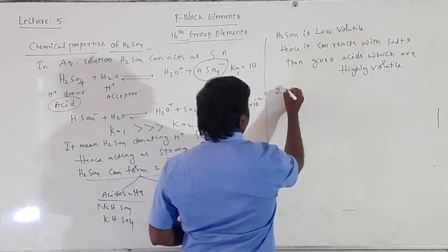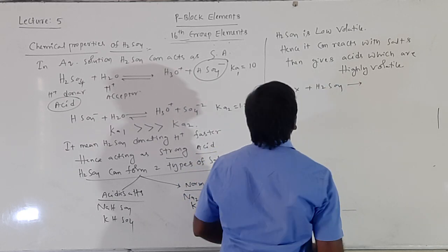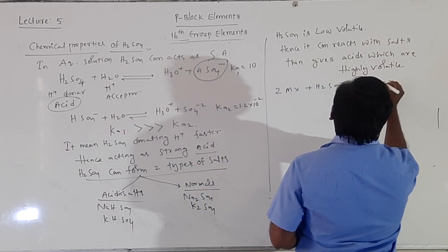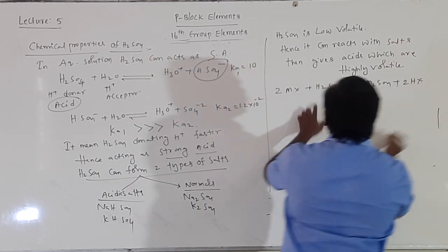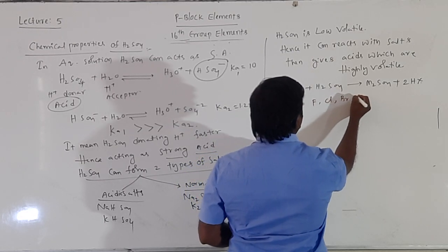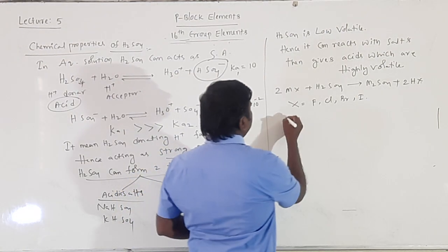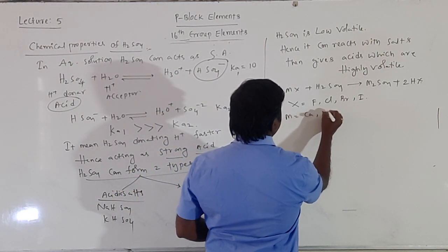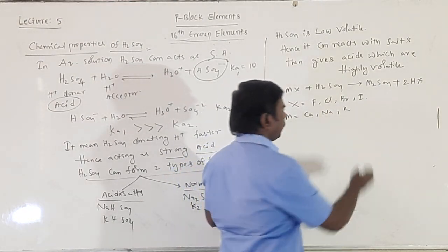Example: 2 moles of MX plus H2SO4 gives rise to M2SO4 plus 2HX, where X may be fluorine, chlorine, bromine, iodine, any halogen. The metal M may be calcium, sodium, potassium, any metal.